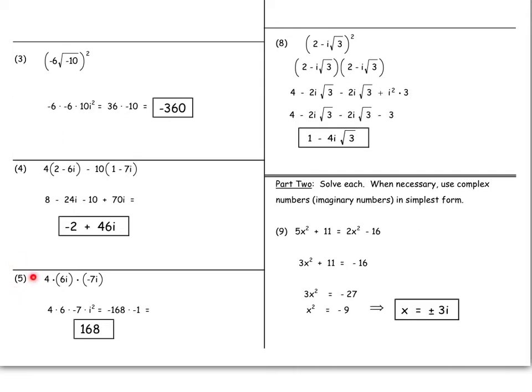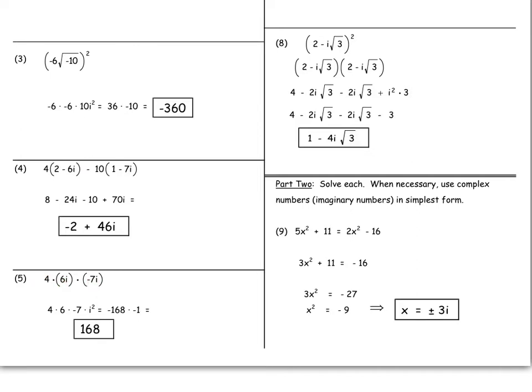In problem number 5, what I wanted you to see was that the 4 distributed up here because of the minus in the middle of the parentheses. This parentheses doesn't have a minus in the middle. The parentheses were just there because I thought it would be fun to make an ugly problem. What you have to do is ignore the parentheses because this is a multiplication problem.